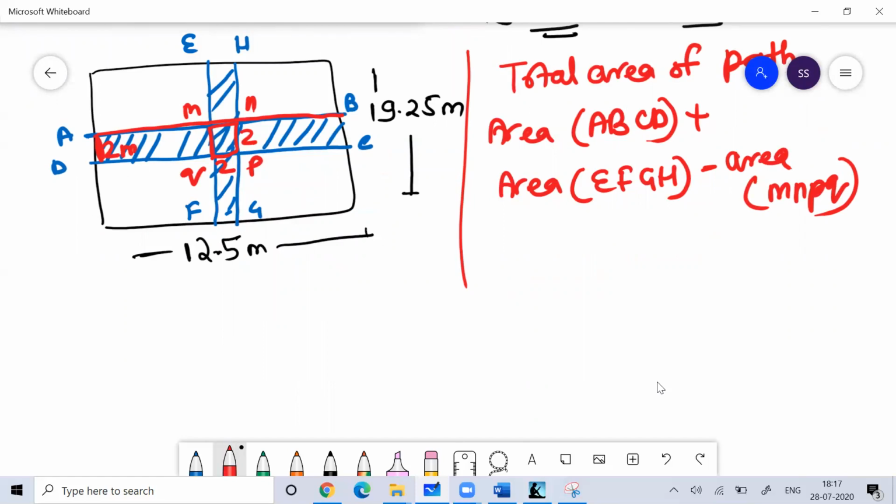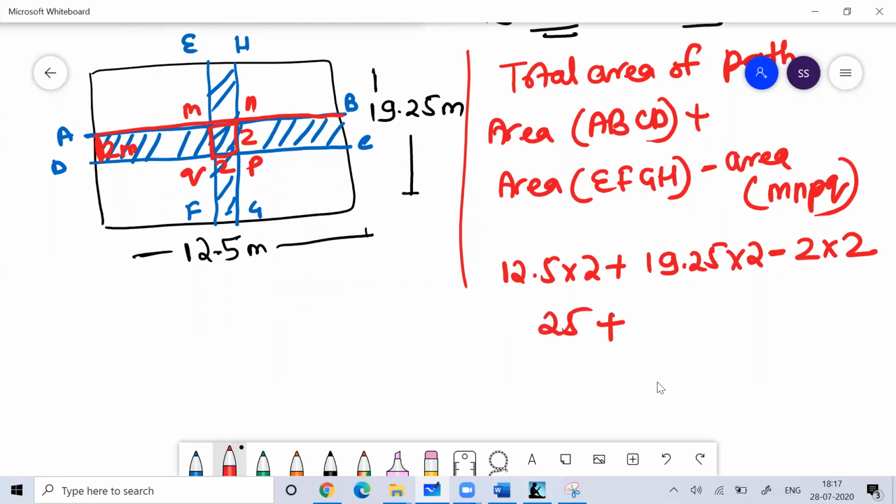So this would be 12.5 into 2 plus 19.25 into 2 minus area of MNPQ, that is 2 into 2, that is a square. You can solve this. This is 25 and this is 19 1 by 4.